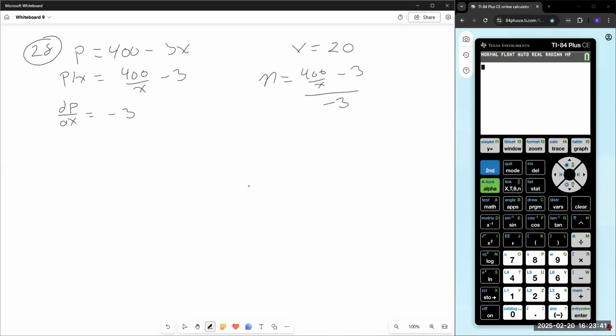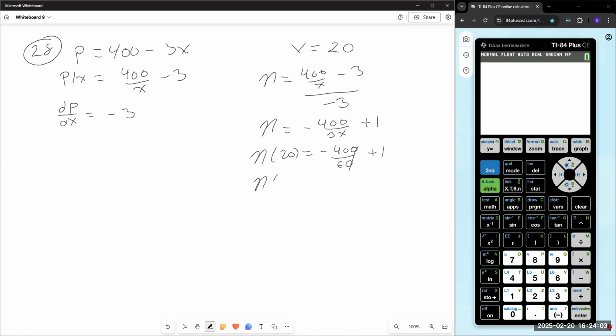That is, eta is -400 over 3x plus 1, and eta of 20 is -400 over 60 plus 1.